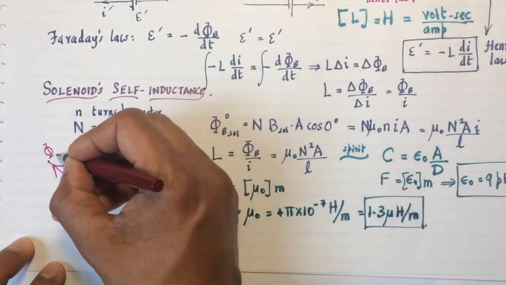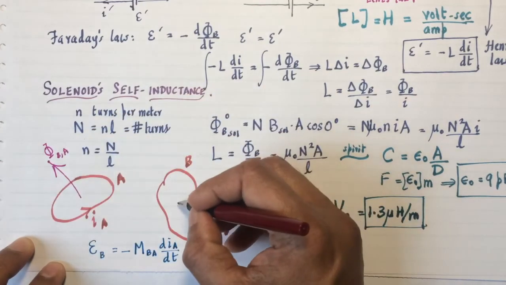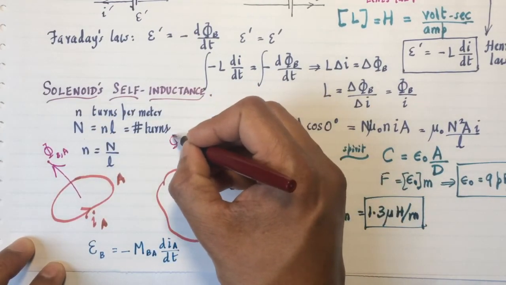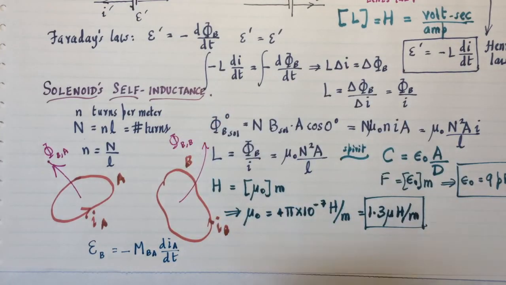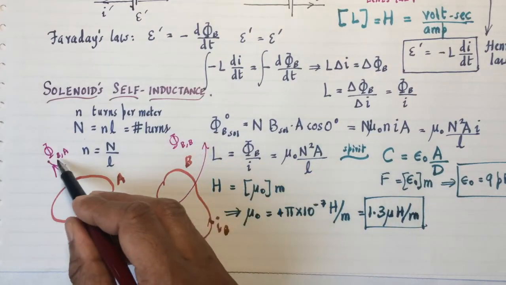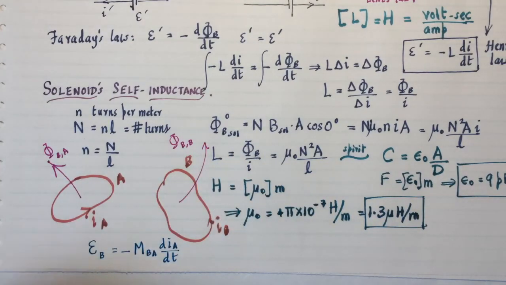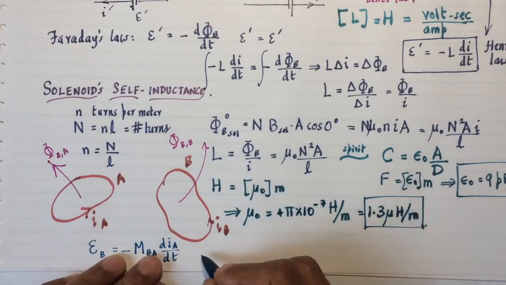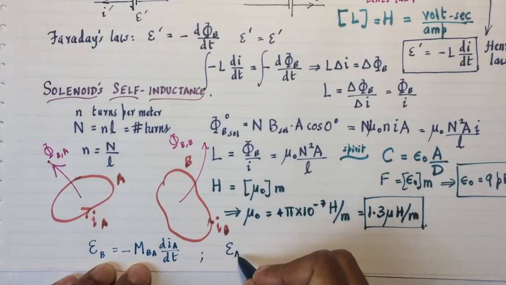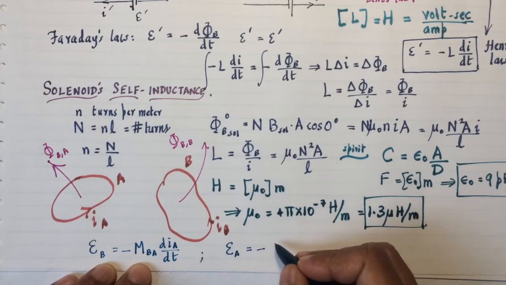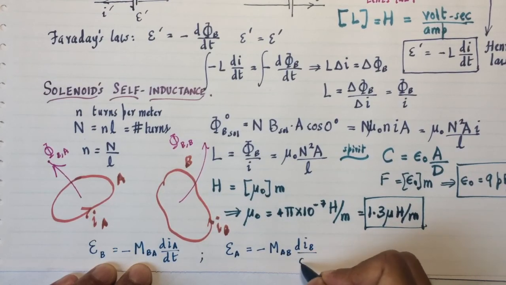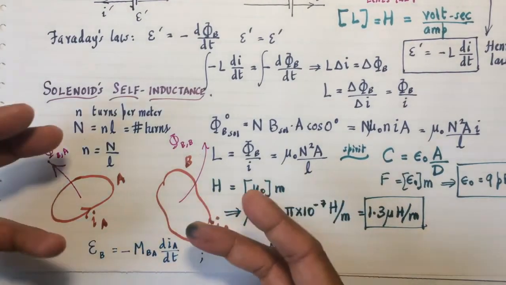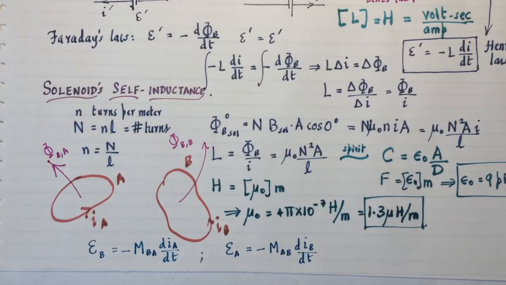I'll call this phi B A, and there's a flux through this coil, and I apologize for the notational confusion. So it's phi B B, where the second subscript refers to the coil and the first subscript refers to the magnetic field. And that's the definition of mutual inductance, MBA. And the mutual inductance MAB is defined as follows. And this completely gives you a crosstalk between those two coils.